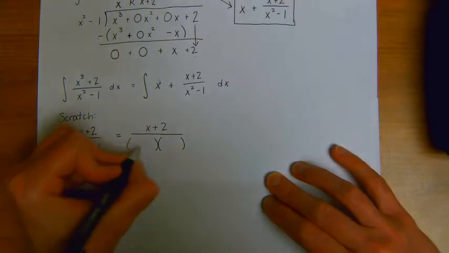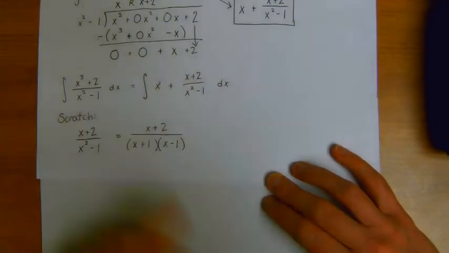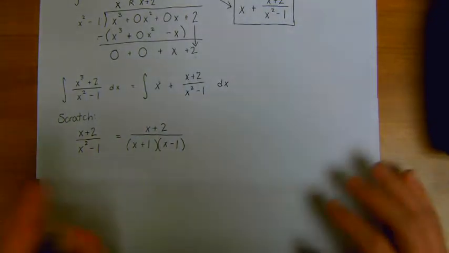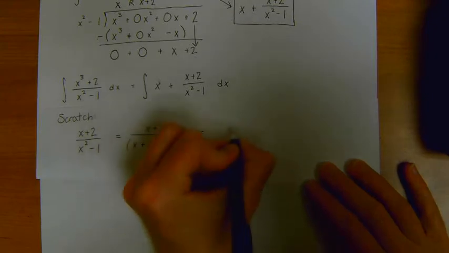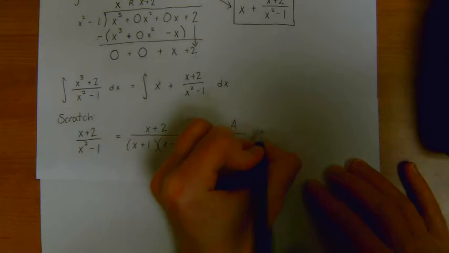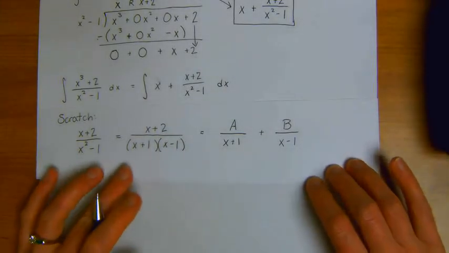Notice that there are no middle terms. This ends up being x plus 1 and x minus 1. Those are easy things to factor. I can factor that in my head. And I want to be able to rewrite this as a divided by x plus 1 plus b divided by x minus 1. I'm not doing any calculus.